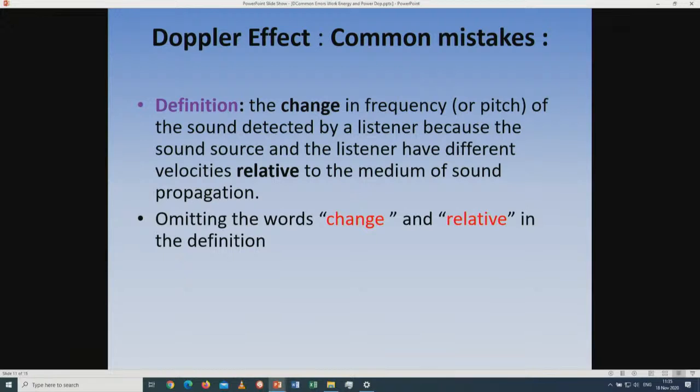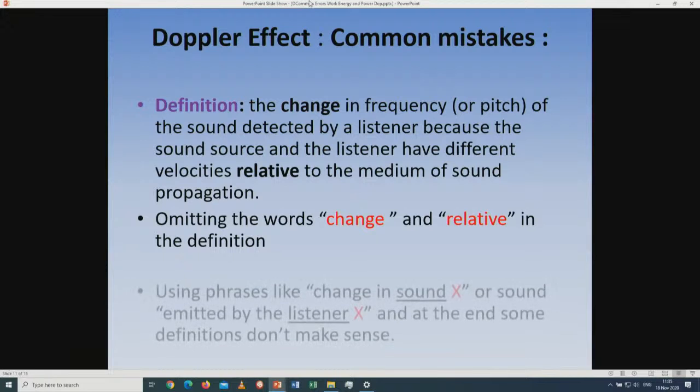Like in the definitions given in your guideline, the source and the listener have different velocities relative to the medium of sound propagation. You can also state that the sound source and the medium have relative velocities to each other.